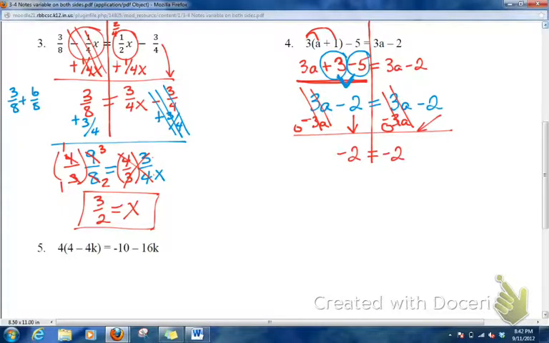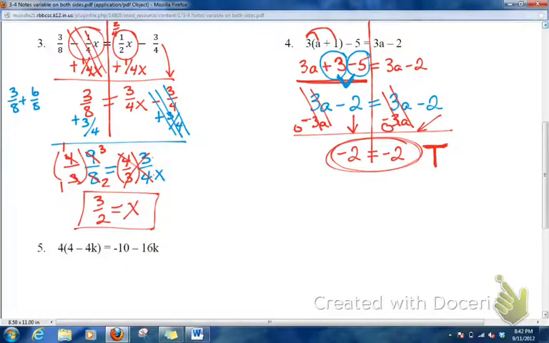Now, here's a special rule for everybody. If the variables cancel completely out on both sides and you're left with something that looks like this, meaning there are no variables left in the problem, you are either going to have a true statement or a false statement. In this case, we have a true statement. Negative 2 does equal negative 2, obviously.